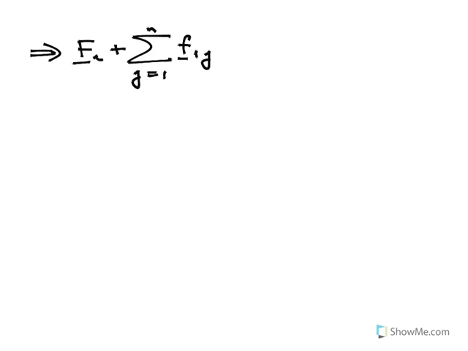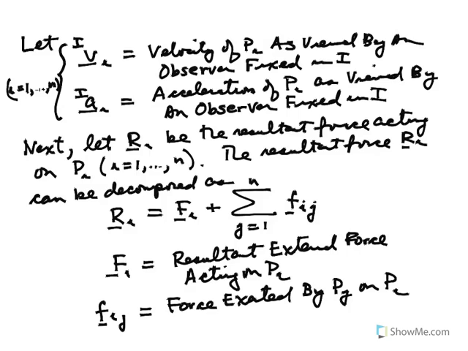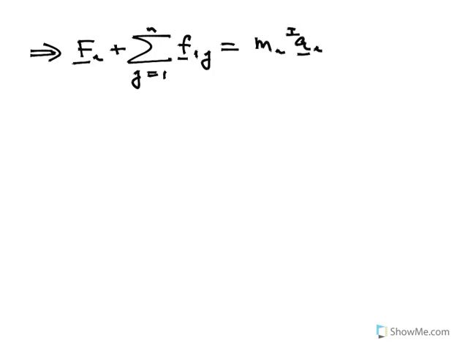If we substitute the resultant force, we get that the resultant external force plus the sum of the forces of interaction has to equal the mass of i times the acceleration of i in the inertial frame. So you can see here that I substituted in Ri, and Ri was defined as the force that I described earlier.